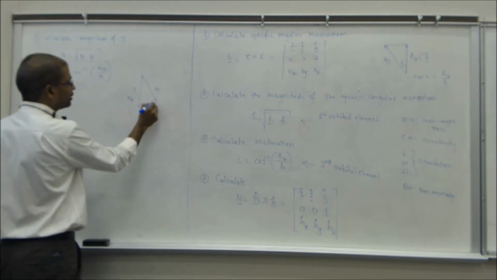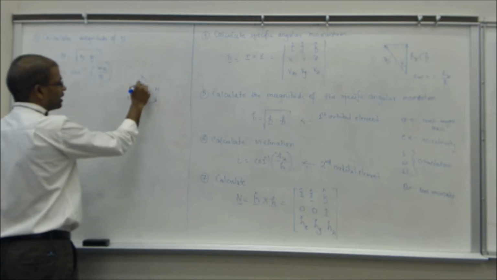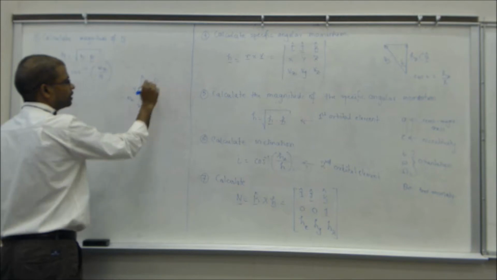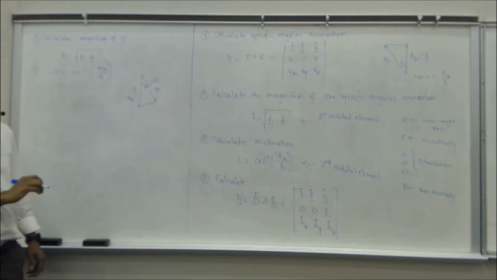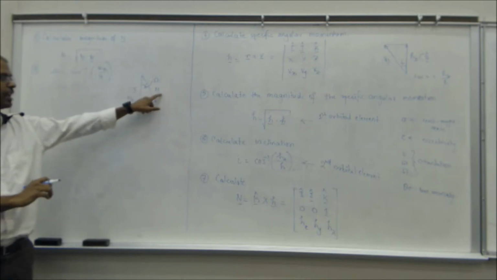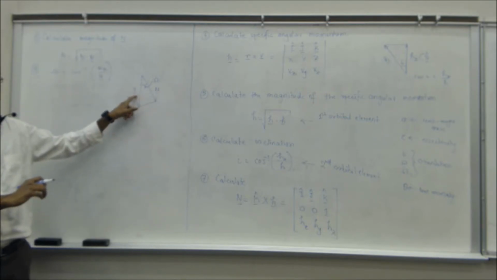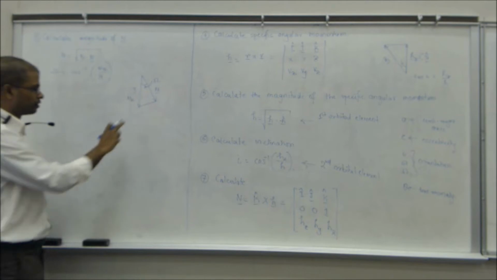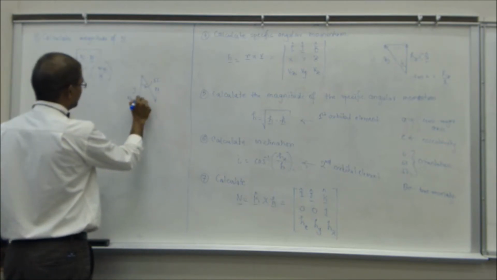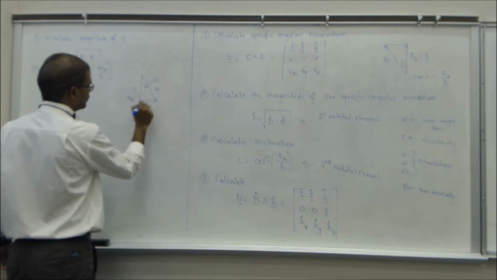And you're looking at this angle. This angle is what? Cap omega. So cosine of this angle is this nx over this n.